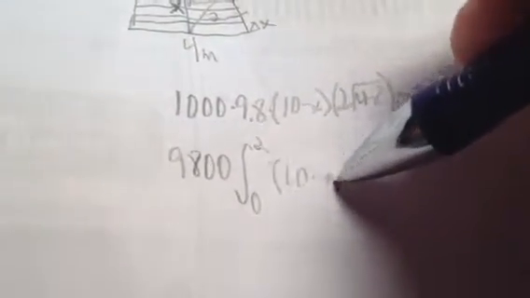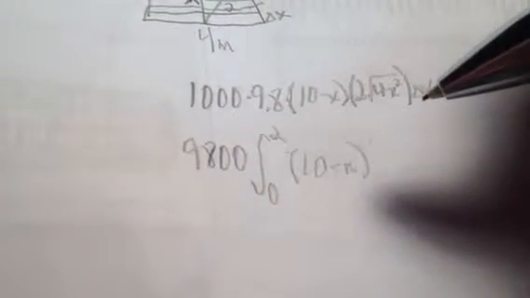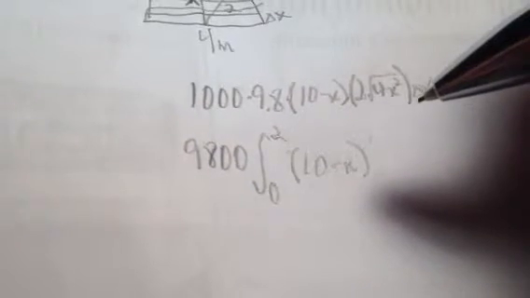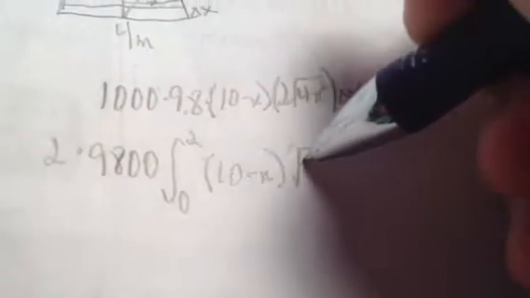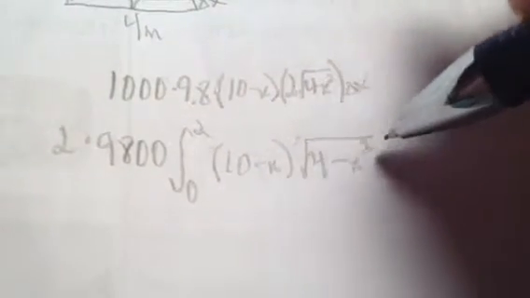Then just fill in the rest of these holes here. You could pull that 2 out, couldn't you? Yeah, pull that 2 out there. 2 times the square root of 4 minus x squared dx. Cool. And then you just do that.